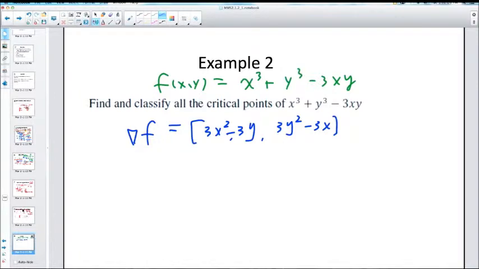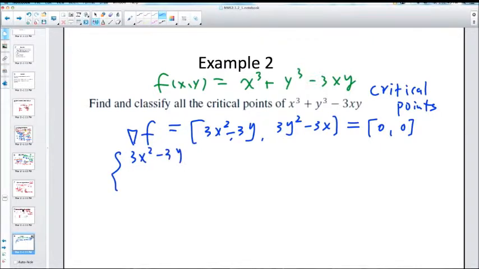Where are you going to find the critical points? Remember, you want to set this equal to 0, 0. And then you get the two equations. That's not hard to solve.